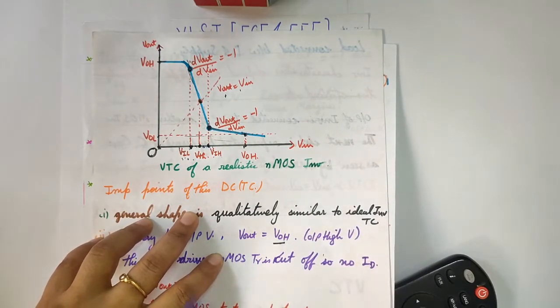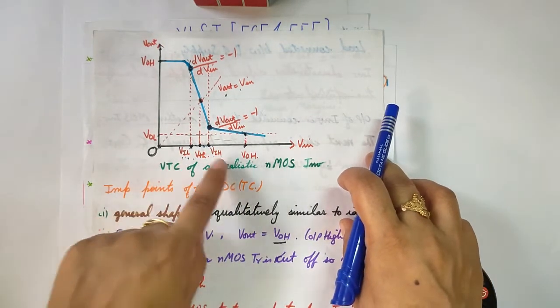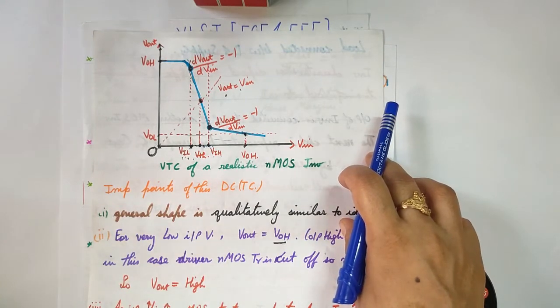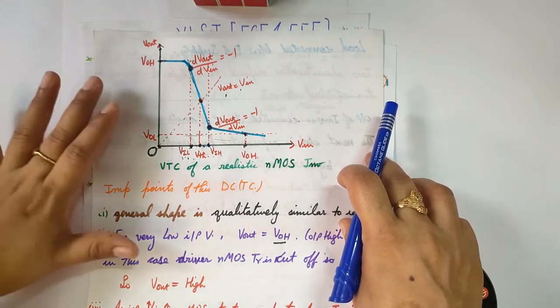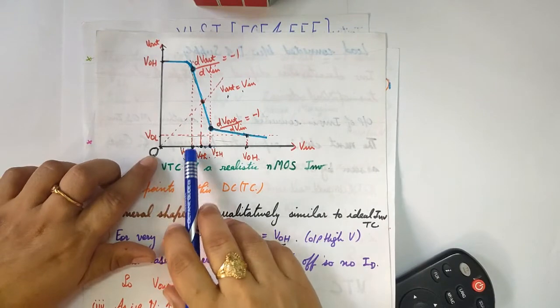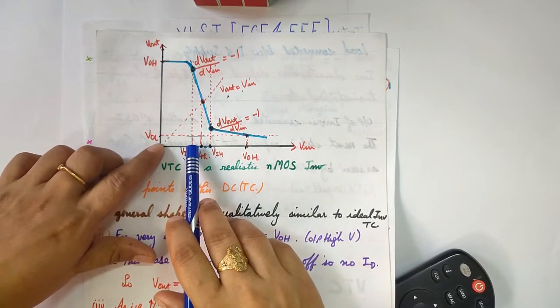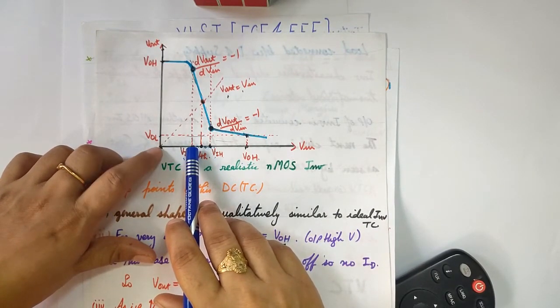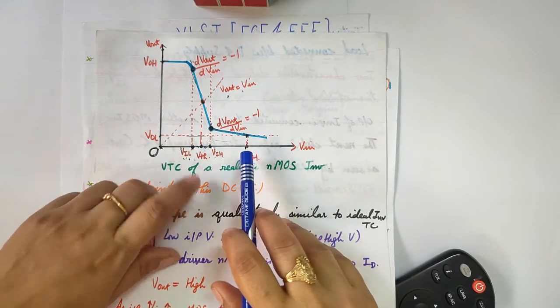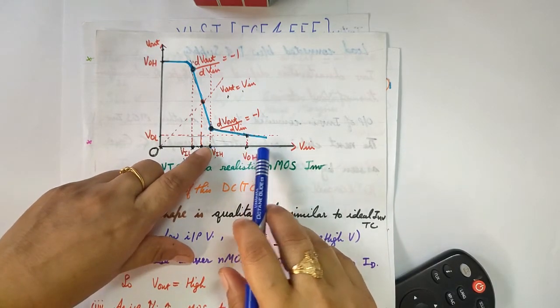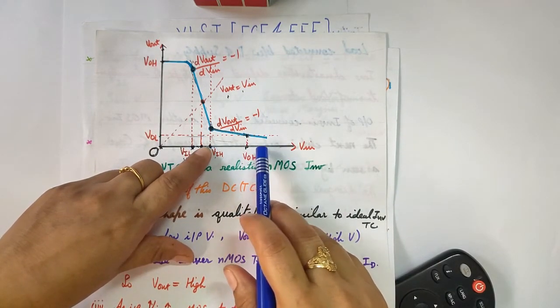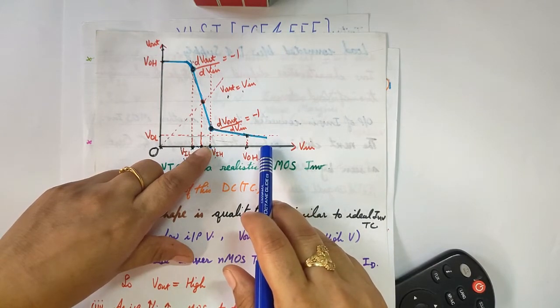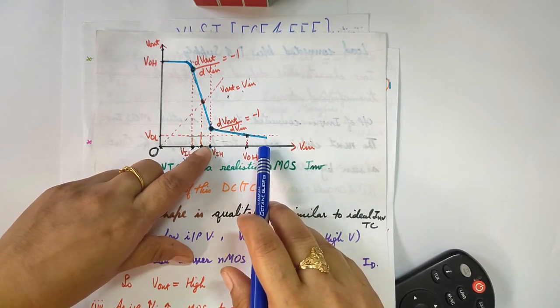It will be very good if you all just go through what these important critical voltages are in lecture number 14. One thing I'll just tell you, that from 0 to VIL, this input voltage range is treated as low logic, and from VIH up to VDD, because the maximum input which the voltage can reach is VDD.